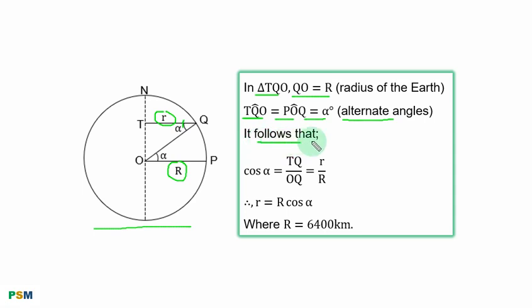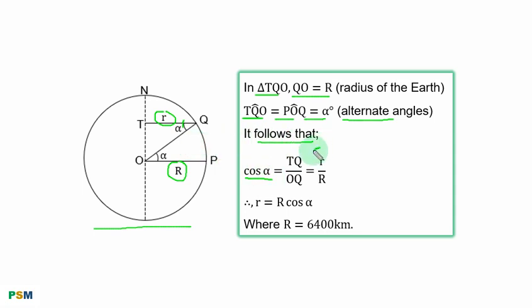It follows that in triangle TQO, cos alpha is equal to TQ, that is adjacent over hypotenuse OQ. Adjacent over hypotenuse, that is cos alpha.